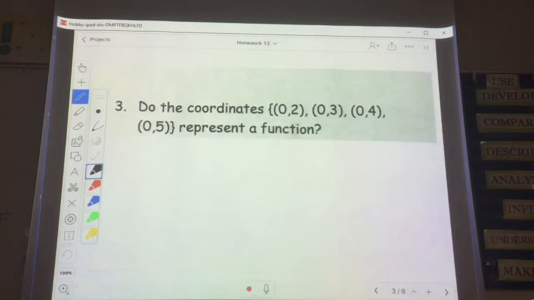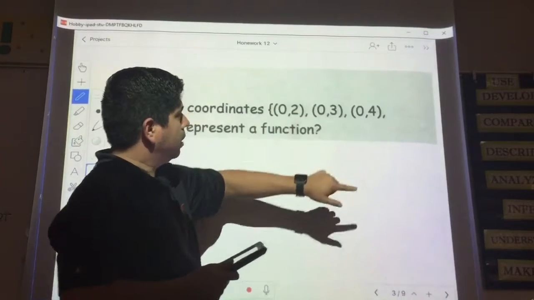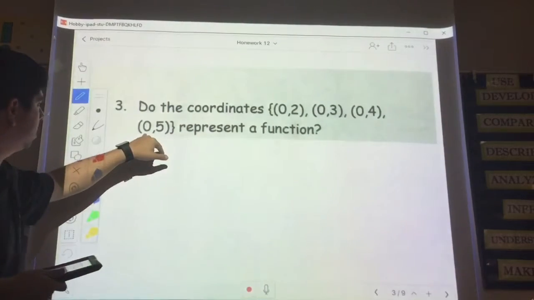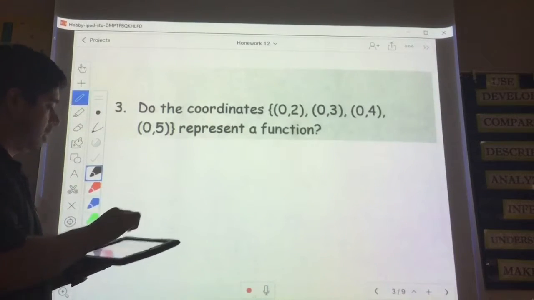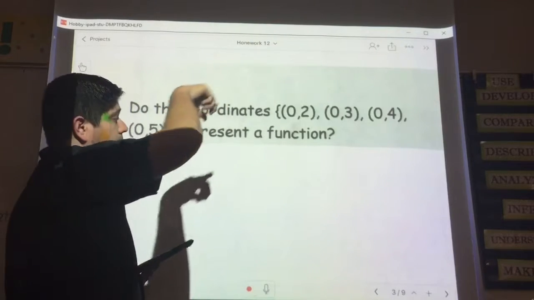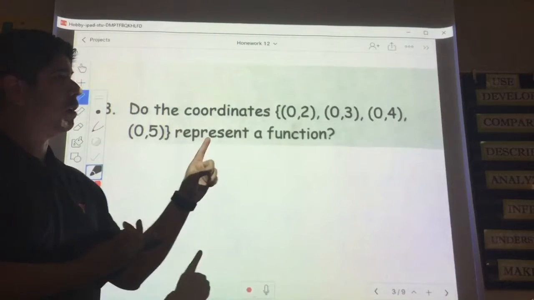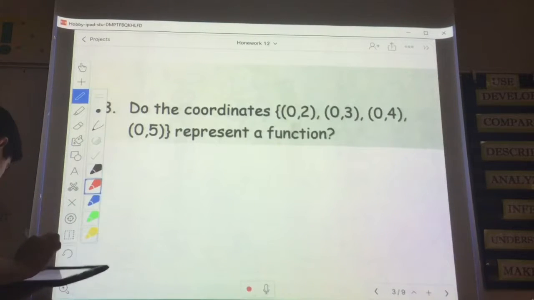Alright, number 3. Do the coordinates (0, 2), (0, 3), (0, 4), and (0, 5) represent a function? In order to be a function, all the x values can only have one y value. So here, I'm going to circle these in red.